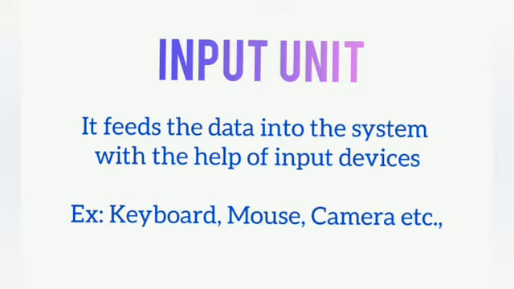With the help of these input devices, the data is entered into the computer. This unit is a basic requirement for a computer system. The input devices are of many types, such as, as I said, keyboard, mouse, joystick, microphone, camera, etc.